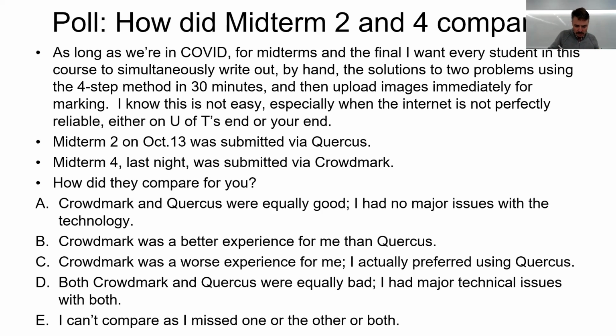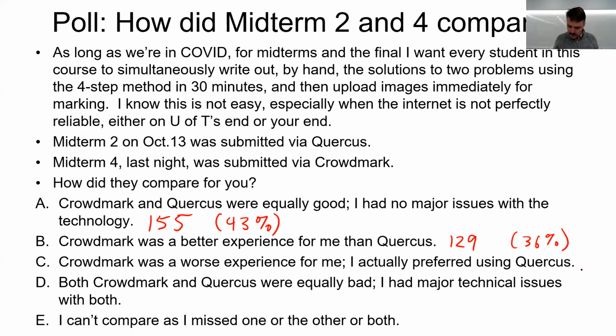Share the results. So what I'm seeing here is for A, which was the most popular answer, I got 155, which is 43% of the class. So that's good to know. 129 actually did have some issues with the Quarkus, I guess, and found that the CrowdMark was better. So that's also encouraging for me.